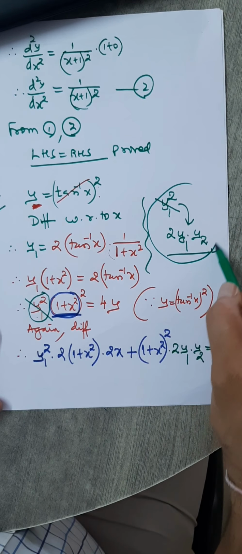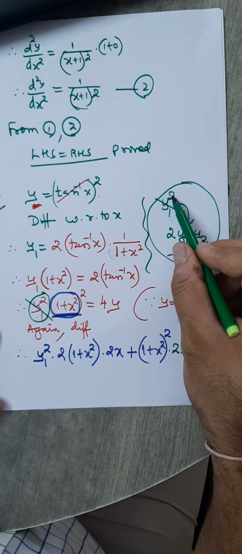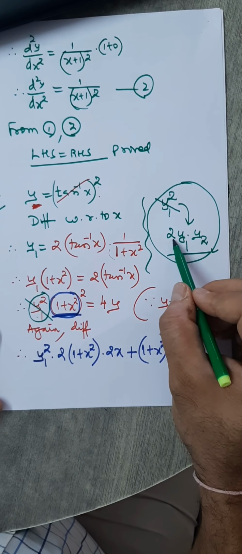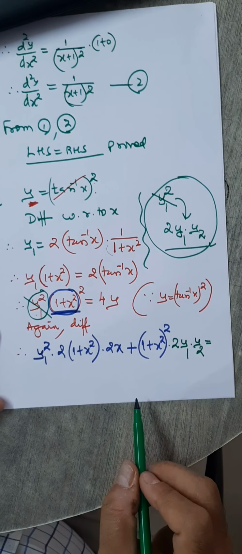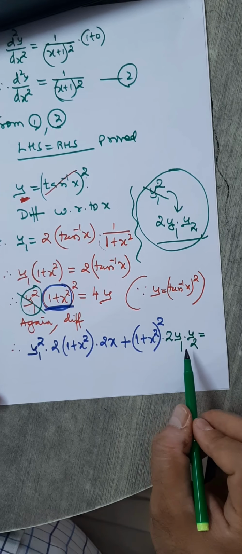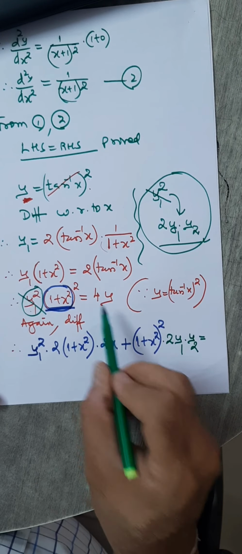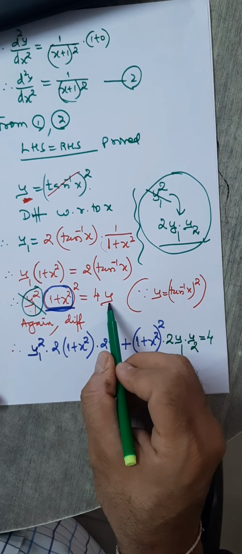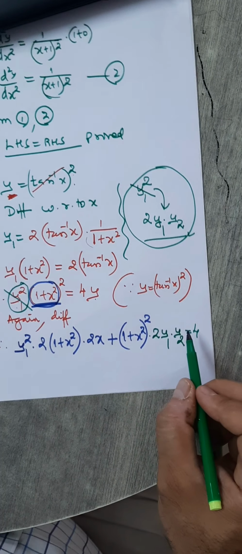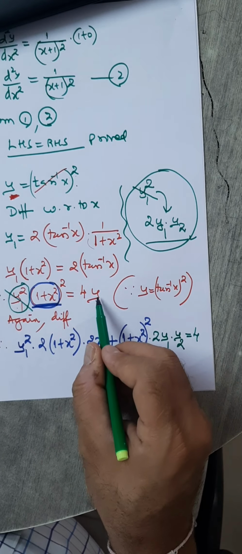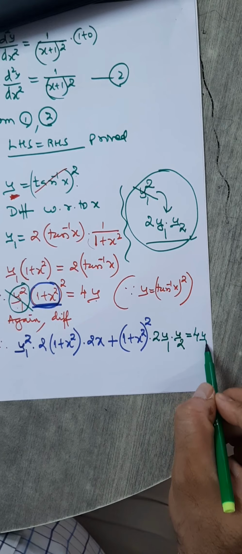So keep this in your mind, remember. Differentiation of y1 square is 2y1 y2. Okay, come to this. Now RHS, what is the right hand side? 4 being constant as it is. Differentiation of y with respect to x, that is dy by dx, which is y1.